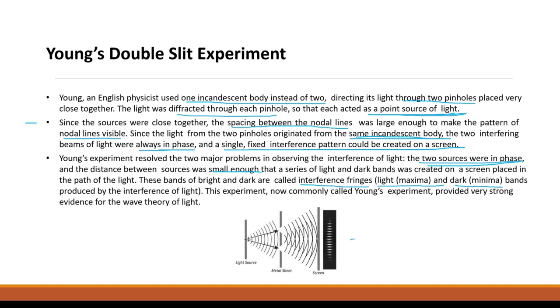As you can see here in the slide, dark and bright bands, maxima and minima. And so this experiment, now very commonly called Young's experiment, provided, again, really strong evidence of the wave theory of light.